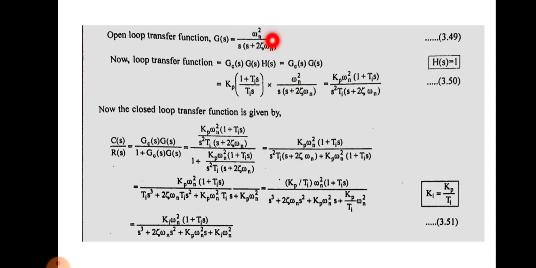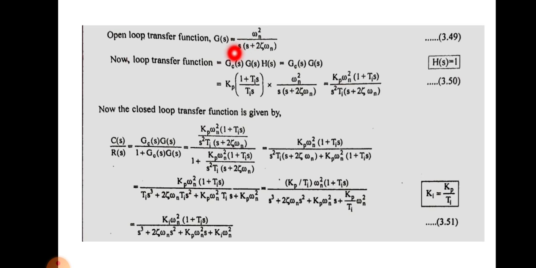Actually, we start from this point. Here you can see that this is the first open loop transfer function, and in this case you can see that there are no zeros for this function. Also, the order of the system is 2 and the type number of the system is 1. Actually, order is the highest power of S, and the type number is the number of poles located at the origin.